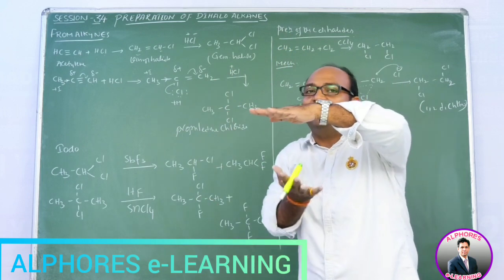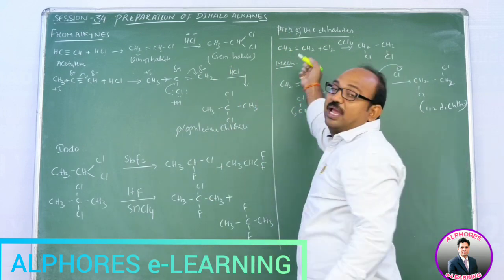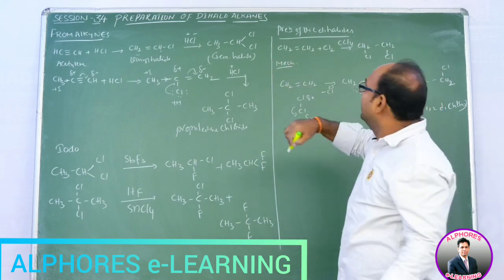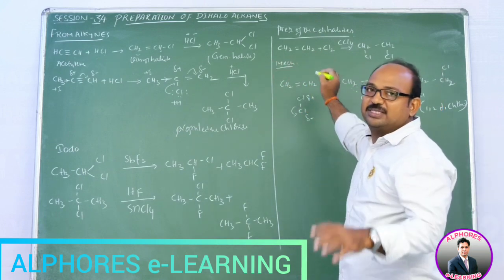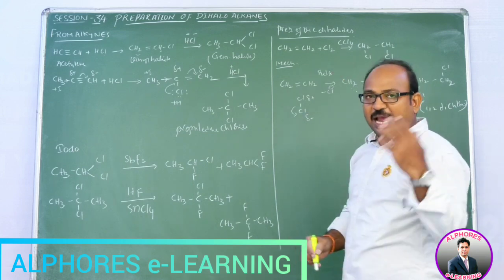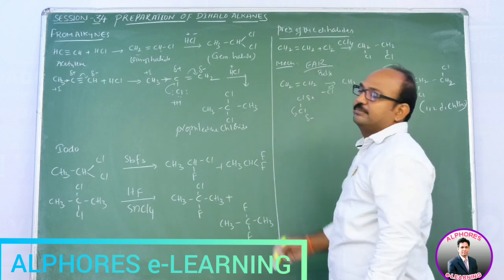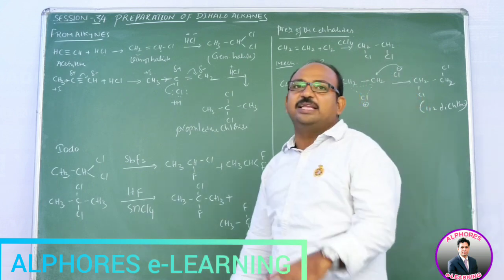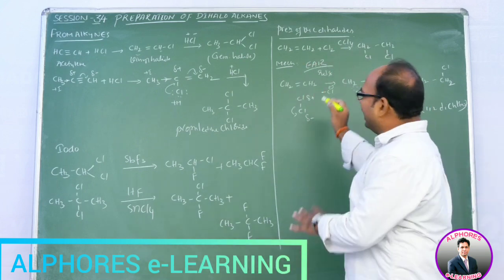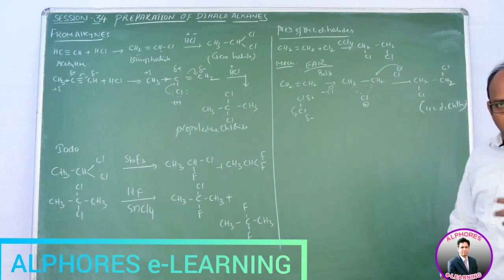So the first step is the slow step, meaning attack of Cl plus upon the double bond center is the rate determining step. Hence this reaction is called electrophilic addition reaction. Here the electrophile is Cl plus, generated from Cl2.